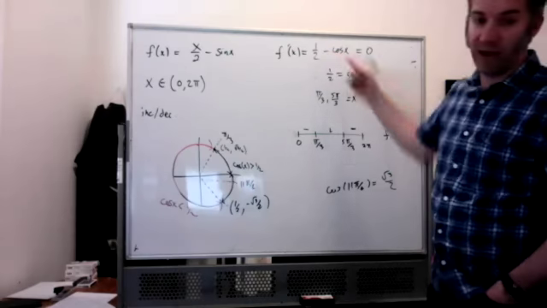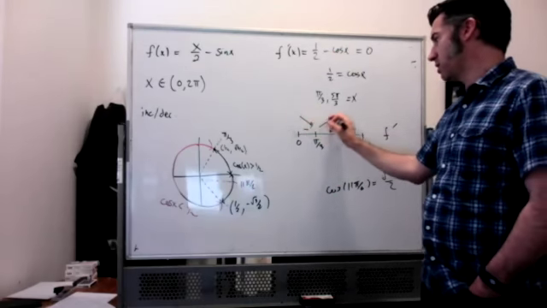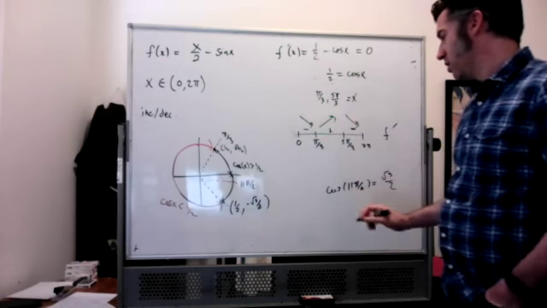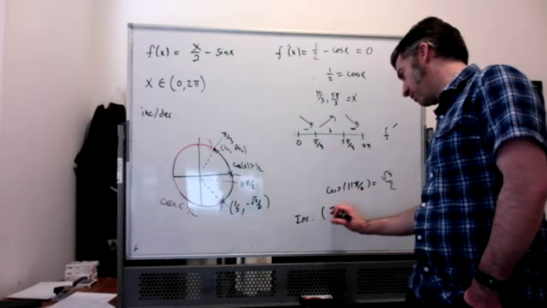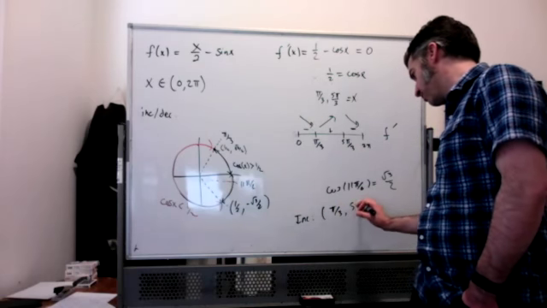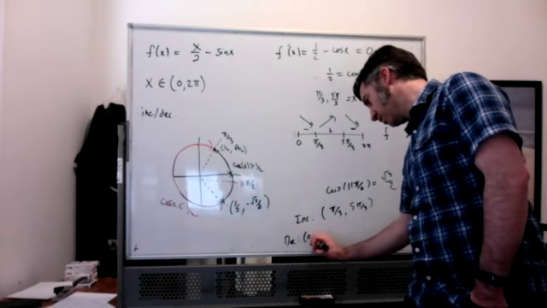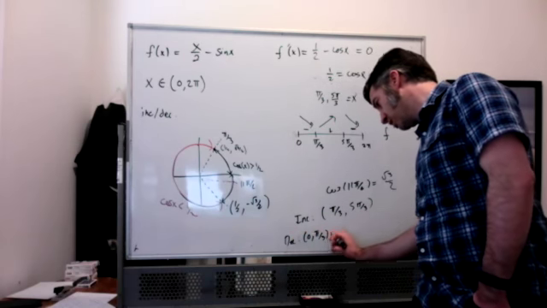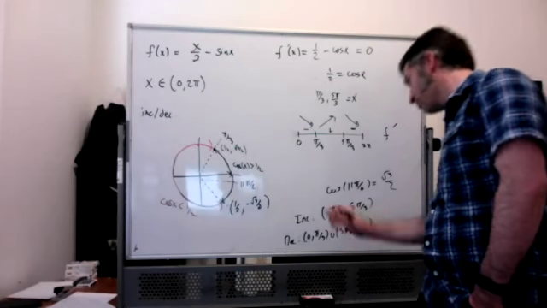And then 1/2 minus √3/2 is negative. So we are decreasing, increasing, decreasing. So I would say that we are increasing on the interval from pi over 3 to 5 pi over 3, and decreasing on the interval 0 to pi over 3, union 5 pi over 3 to 2 pi.